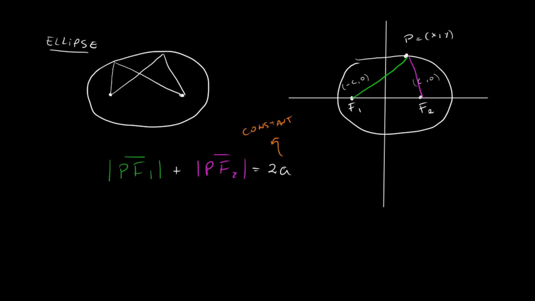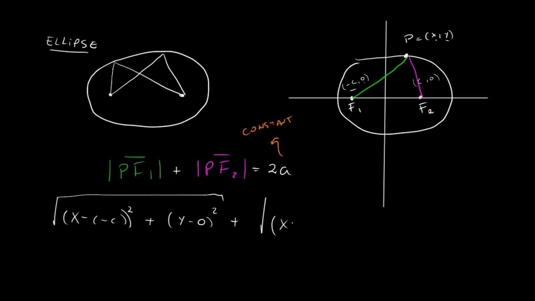The first one will be the square root of (x plus c) squared plus (y minus 0) squared, and the square root of all this, plus the second distance, which is the square root of (x minus c) squared plus (y minus 0) squared, is all equal to 2 times a.